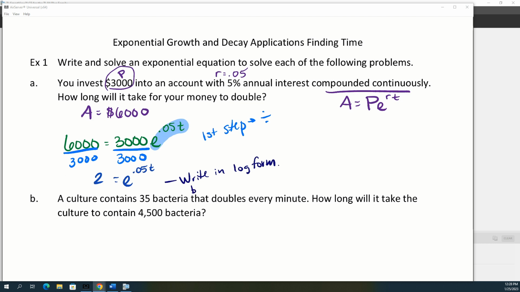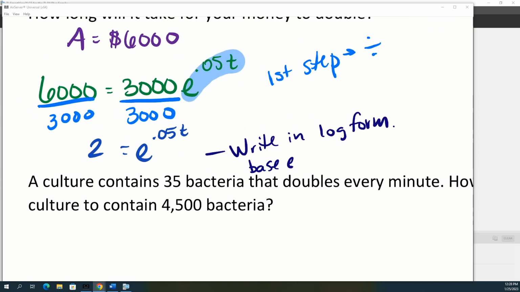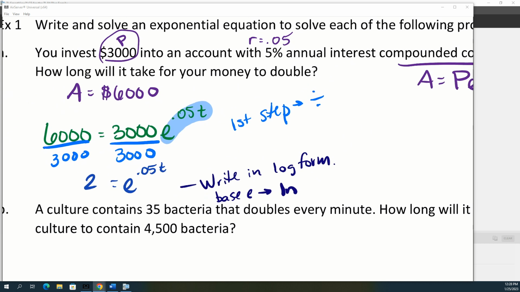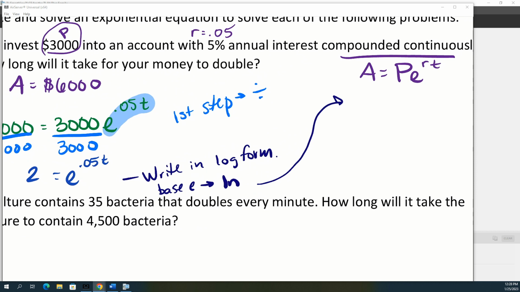So base e, I'm writing kind of small, is going to be ln, or natural log. All right, so I'm going to draw an arrow over here. A lot of times this is written the opposite order, like the e is on the left and the 2 is on the right. But since it's base e, we're going to do the natural log.